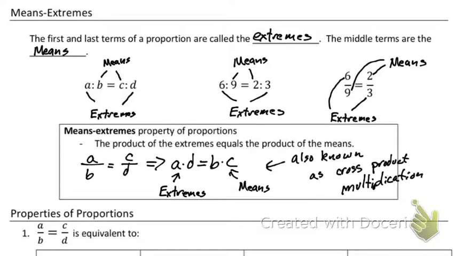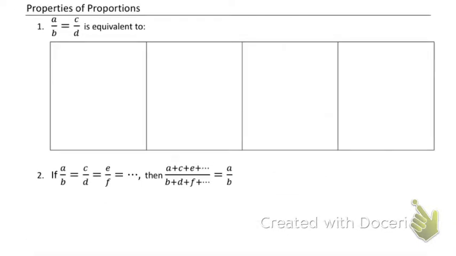If you didn't hear that term in Algebra 1, you'll hear it in Algebra 2, for sure. Means extremes just doesn't come off the tongue nicely, but cross product kind of does because you just cross and multiply. All right, let's talk about some properties that we can use with the means extremes.